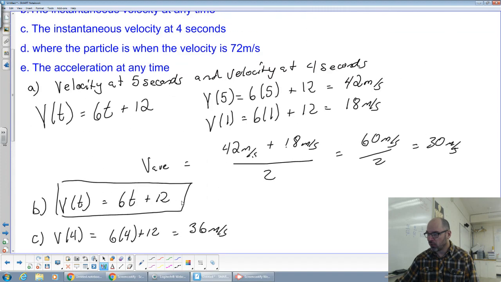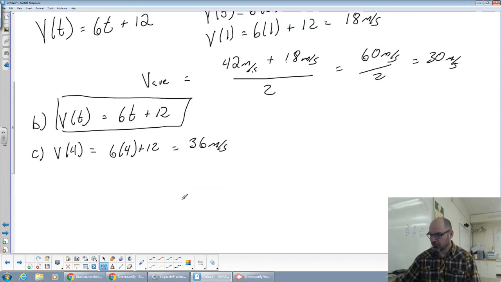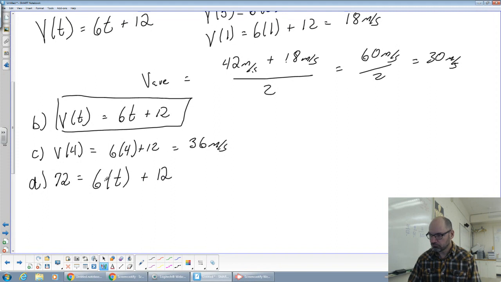Okay, D is where the particle is when the velocity is 72. So you got to take the velocity equation, set it equal to 72, and then solve for the time. So we're going back to the velocity equation from B, we're plugging in 72, and now we're solving for time. So we subtract, so t equals 10 seconds.